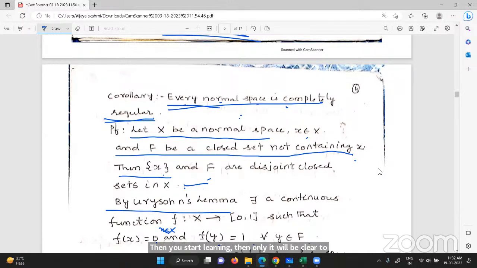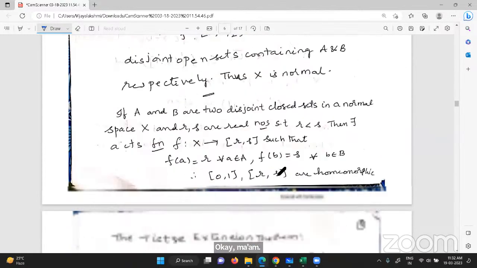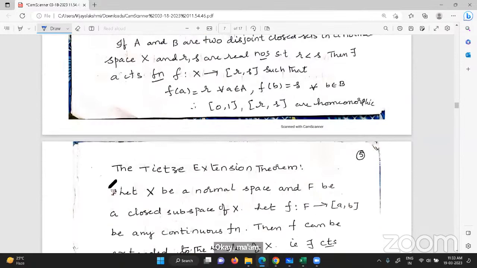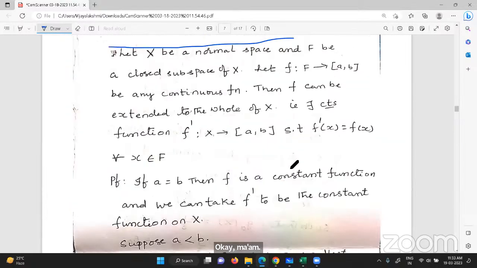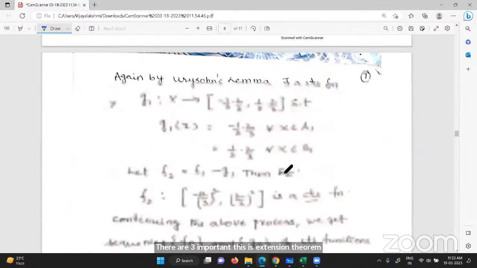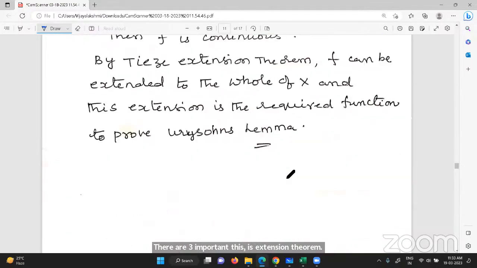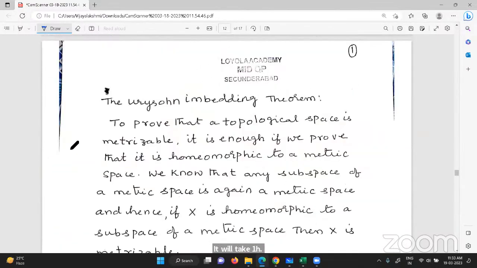If you send a WhatsApp number, in these 17 pages there are 3 important theorems. The Tietze extension theorem will take 1 hour. And in one more class, I will take Urysohn's embedding theorem.